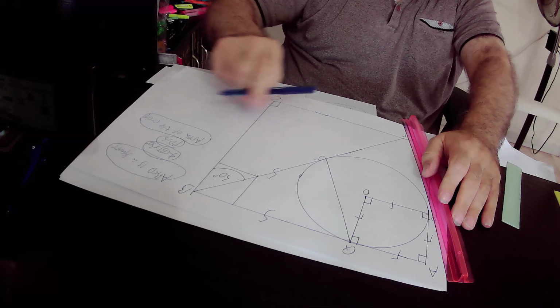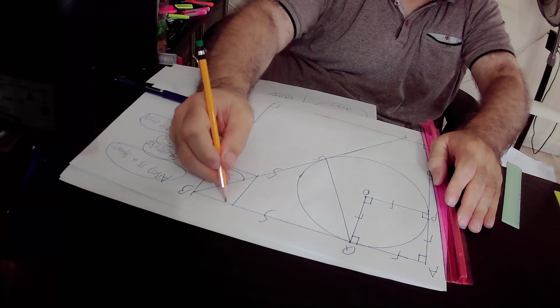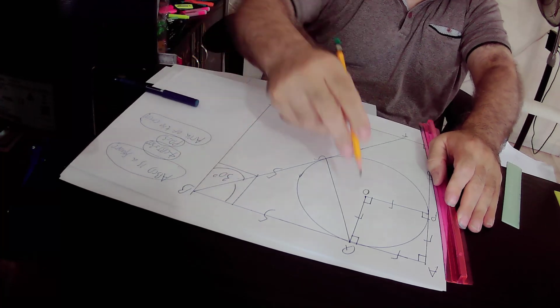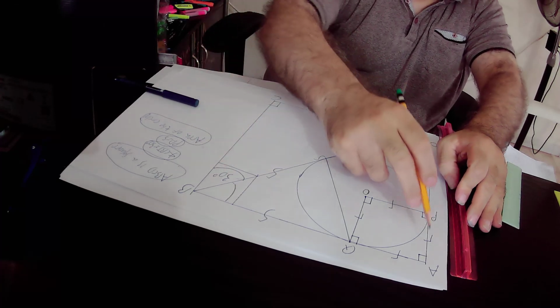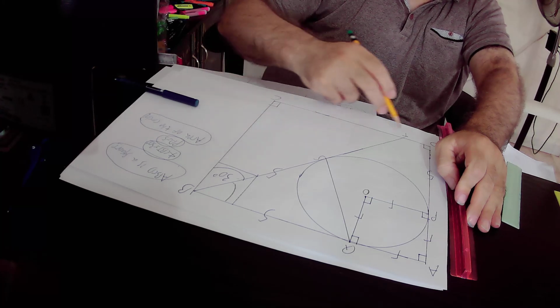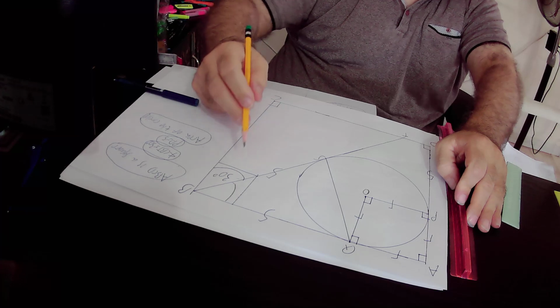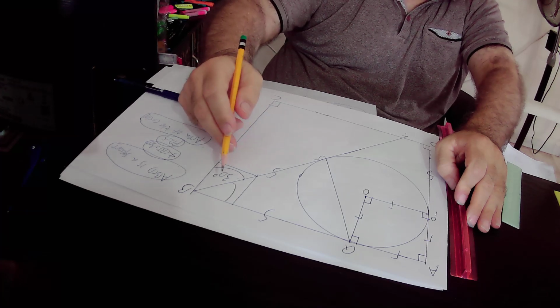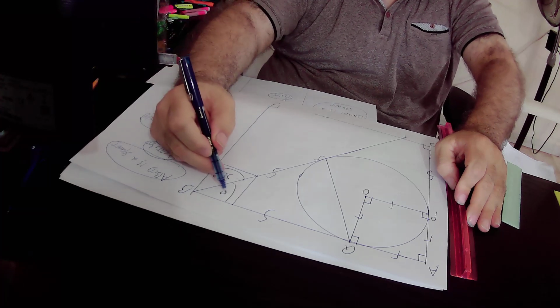What is the size of angle QBS? Actually, angle QBS equals angle ABC, that is equal to 90 degrees, minus angle TBC, that is equal to 30 degrees. That is to say, angle QBS will be equal to 90 degrees minus 30 degrees, it is 60 degrees.